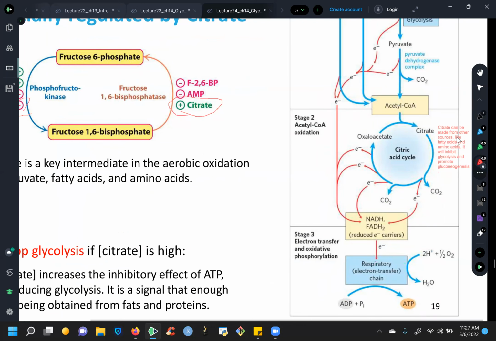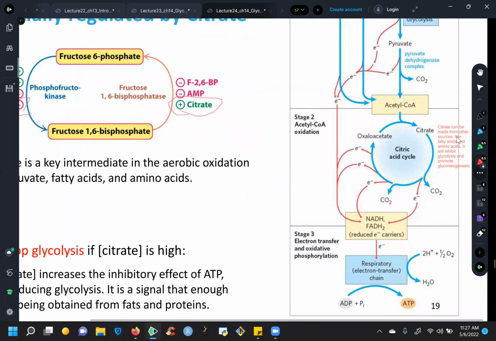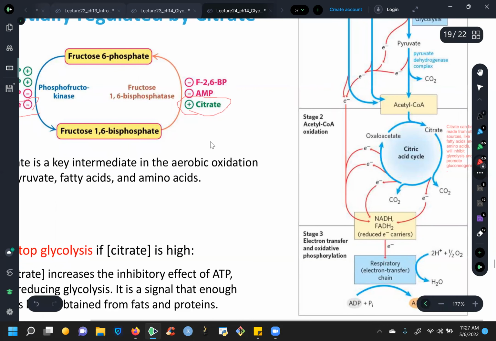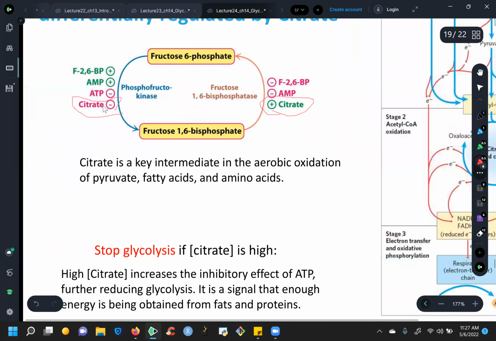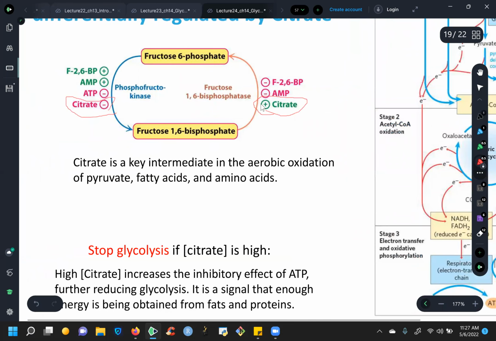Just in case you forgot, citrate is a part of the citric acid cycle, and it's when oxaloacetate, that 4-carbon molecule, is combined with the acetyl group from our pyruvate, and we end up with our 6-carbon citrate. So again, it inhibits glycolysis and it promotes gluconeogenesis.